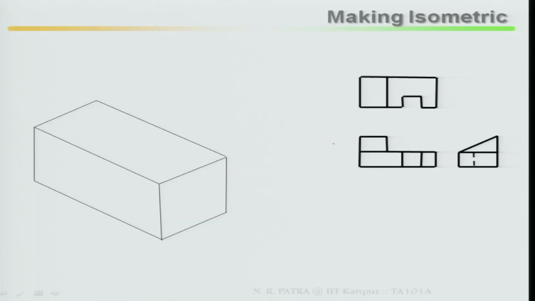So the top view, front view as well as side view have been given. So an isometric box has been prepared. Then with respect to the isometric box, the front view I plot in the front, the top view I draw in the top, the side view I draw in the side.